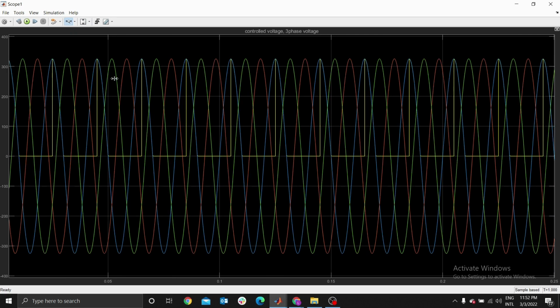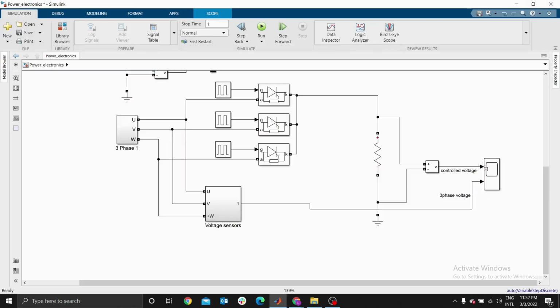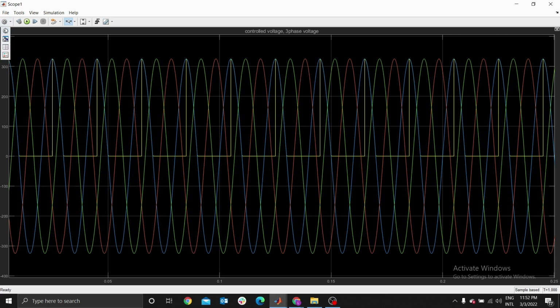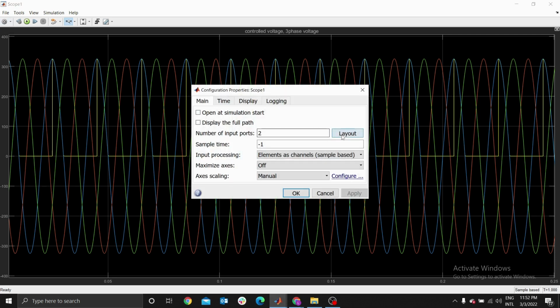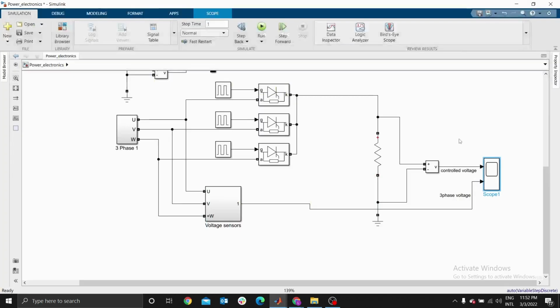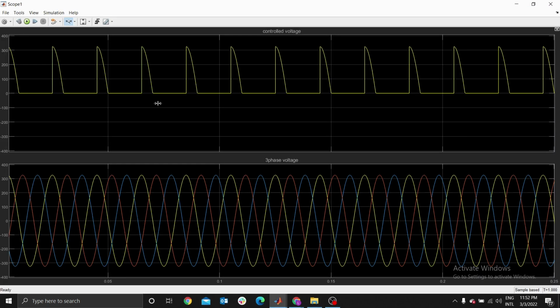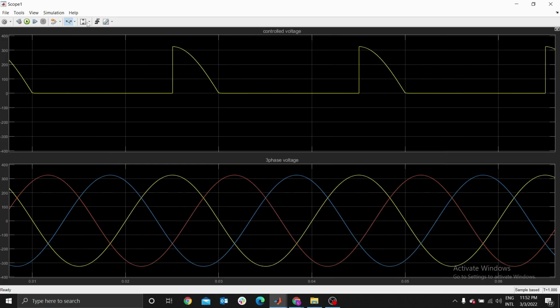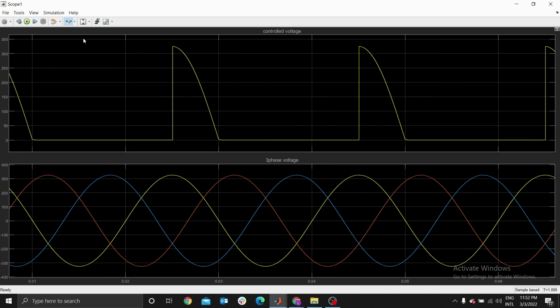You see, the reason why this is happening is that whenever you use two ports, always make sure you are using two screens or two axes. Always select two axes. Okay, double. You can see now we are getting the same results as with diodes.